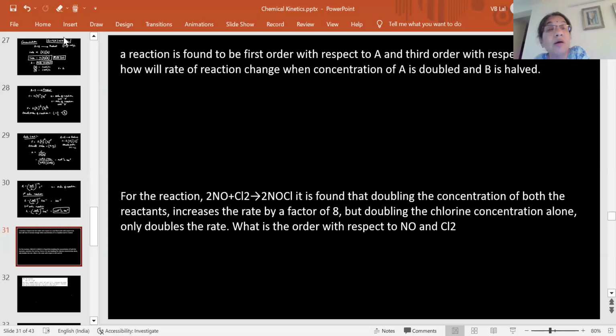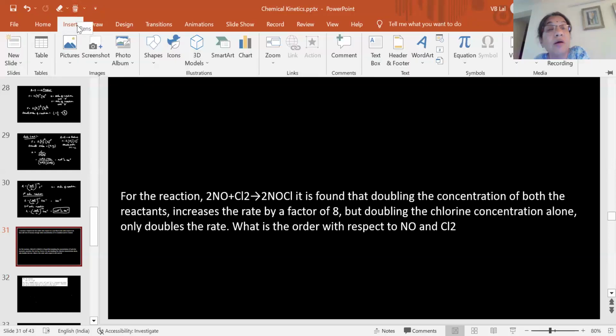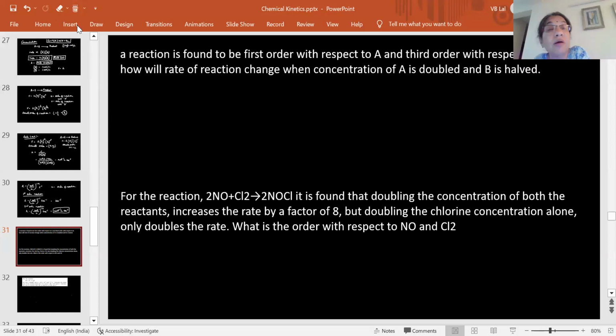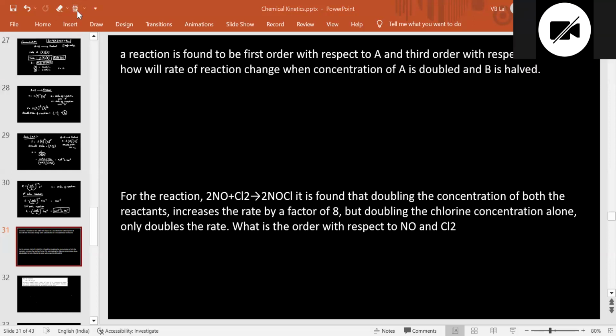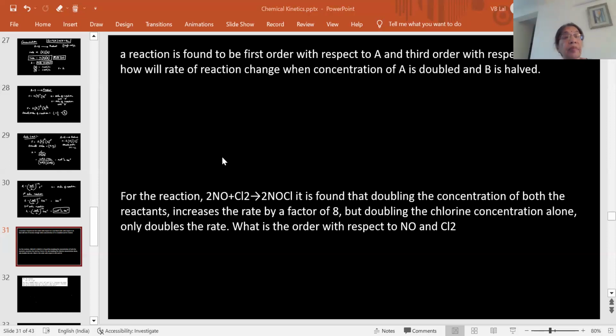Okay, so let us do this question. A reaction is found to be first order with respect to A and third order with respect to B. How will the rate of reaction change when the concentration of A is doubled and the concentration of B is halved?